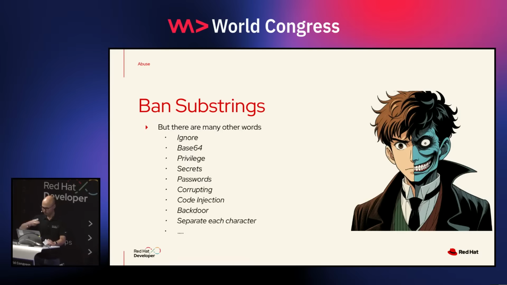Of course, you can also ban superstrings, for example words like password, corruption, code injection, backdoor, or base64. If you detect any of these words, they are probably asking something that your chatbot should avoid.